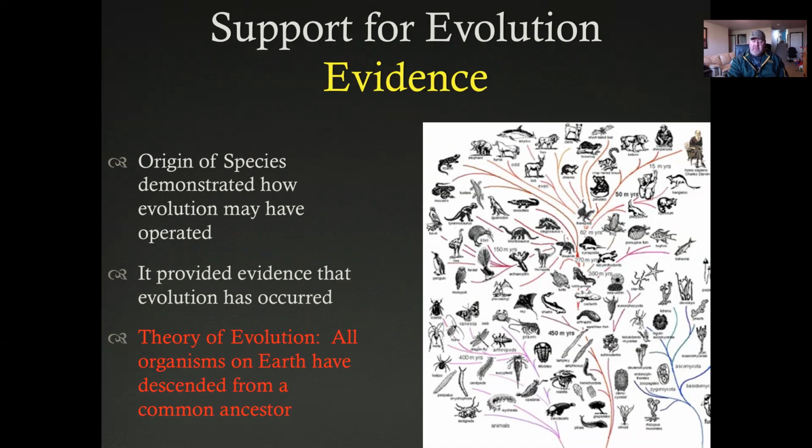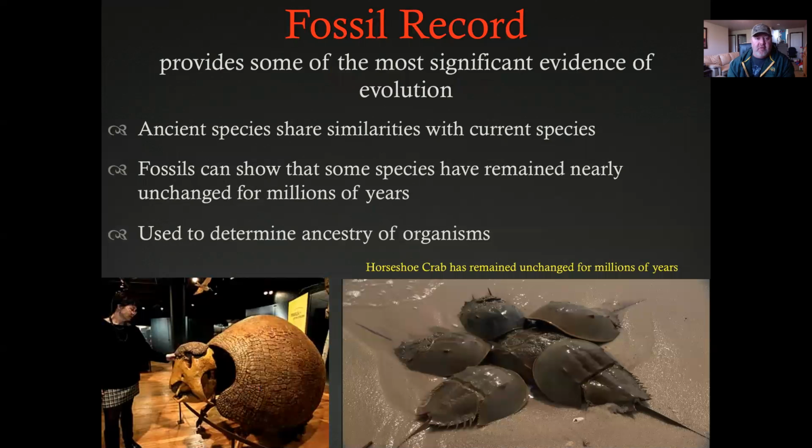So then the theory of evolution was developed, and what it says is that all organisms on Earth have evolved from a common ancestor. We won't get to it this year, but when we talk about primate evolution, and humans are primates, we talk about that tree of life and how all organisms are related, right? We share almost entirely all of our DNA with all other organisms on Earth.